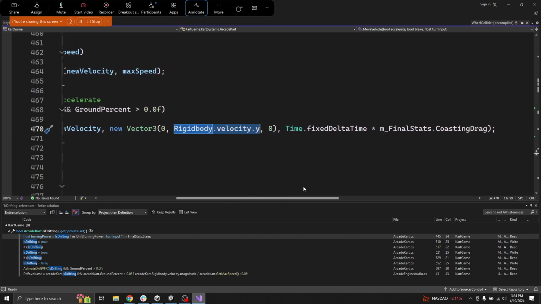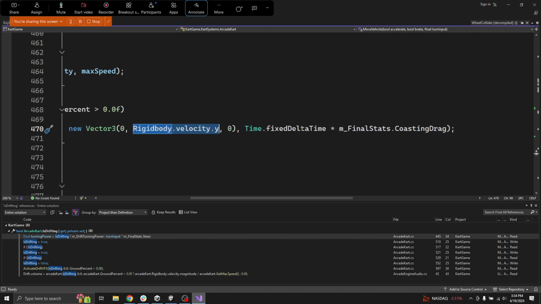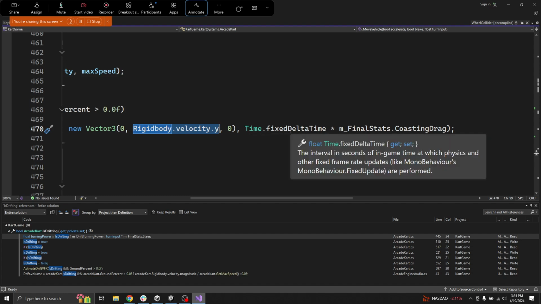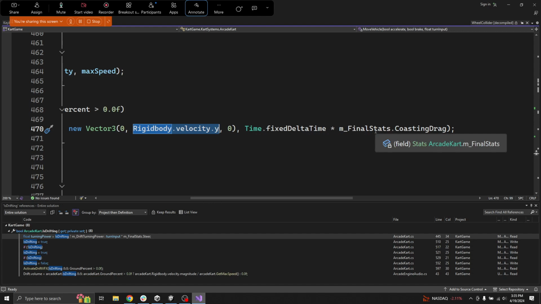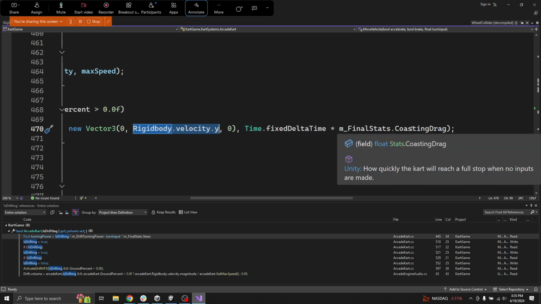And the third thing is how far should we move in that distance? Take the little time unit that's happened, fixed delta time, and multiply it by whatever our coasting drag is: how quickly the cart will reach a full stop when no inputs are made.